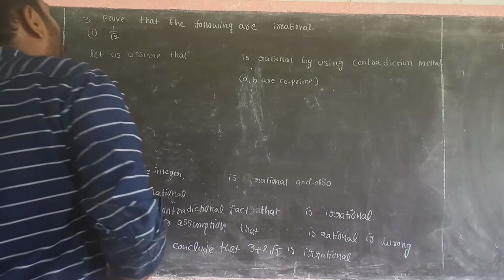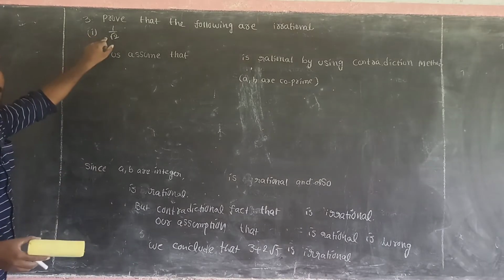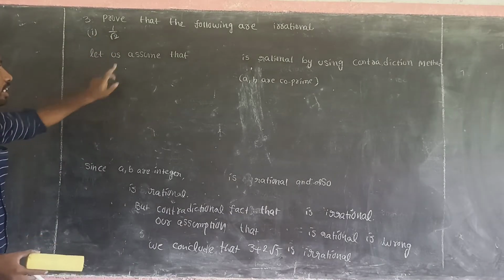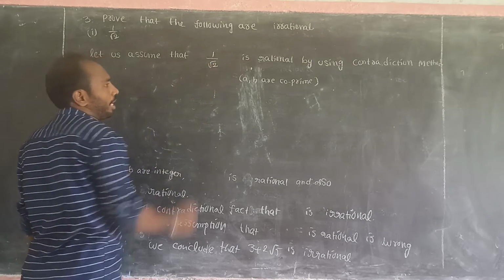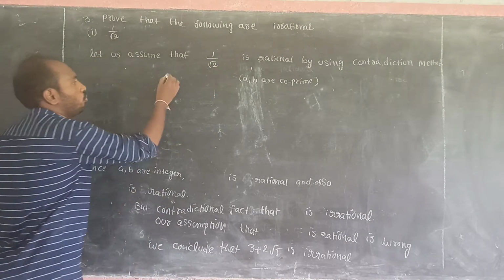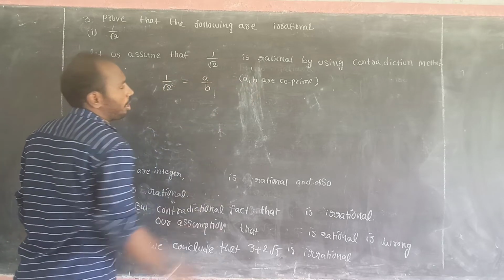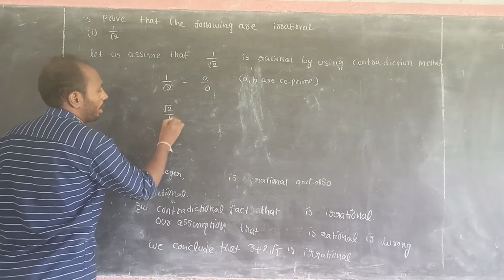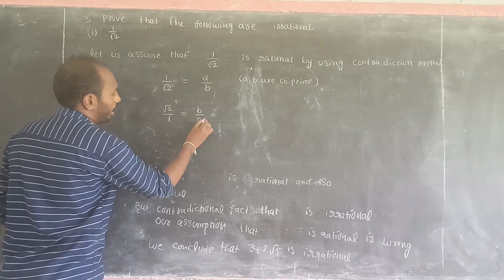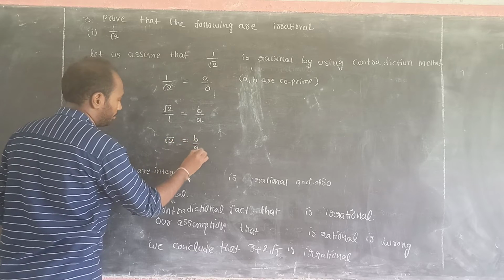Next problem, prove that the following are irrational. First problem, 1 by root 2, same method. Let us assume that 1 by root 2 is rational by contradiction method. 1 by root 2 is equal to a by b, where a, b are co-primes. Taking the reciprocal on both sides, root 2 is equal to b by a.